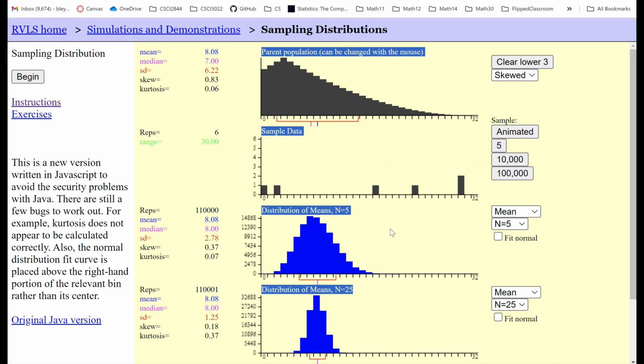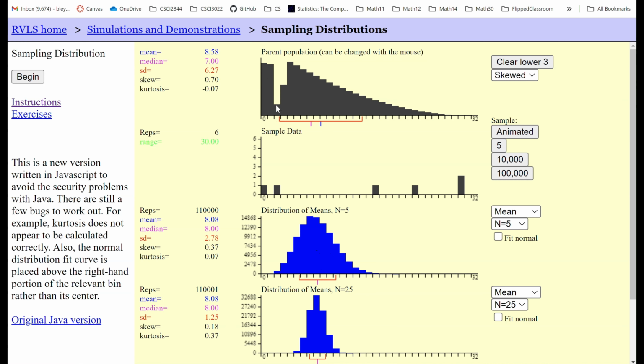And granted, with the central limit theorem, usually with a sample of size 5, and even a sample of size 25, I'm not guaranteed to get a perfect bell-shaped curve here. Really, we want at least a sample size of 30 to see the central limit theorem really kick in. But you can see even here, depending on what your original distribution looks like, that it may kick in earlier.